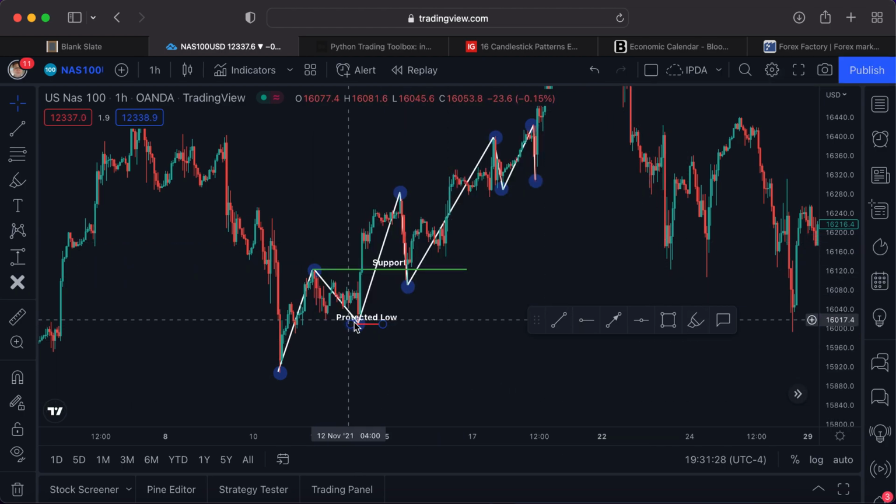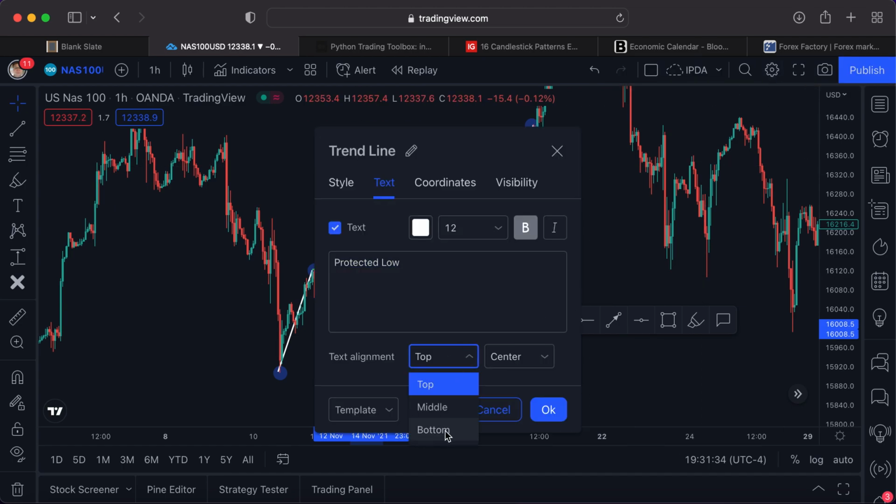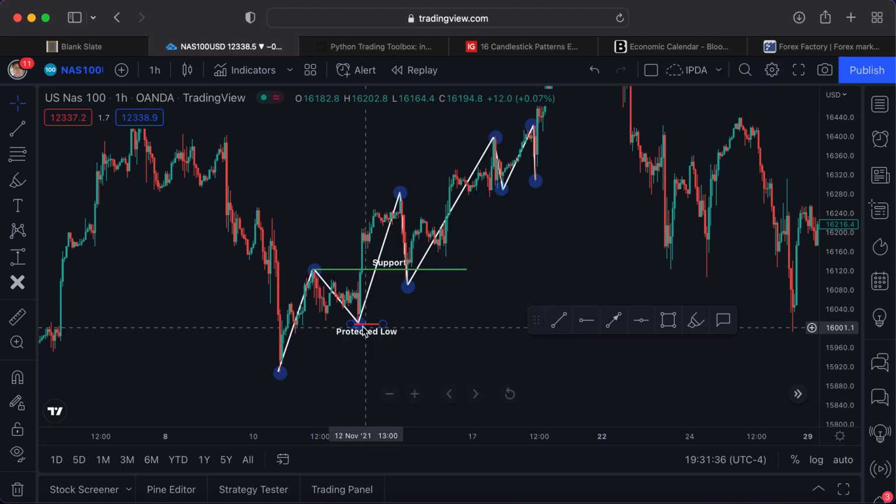Now this is our protected low. Let me go ahead and flip this. Since this is our protected low, we don't want to see the market retrace to this area, right, inside of this trend. So we see that the market then pulls up, right, and it pulls up to go back down.